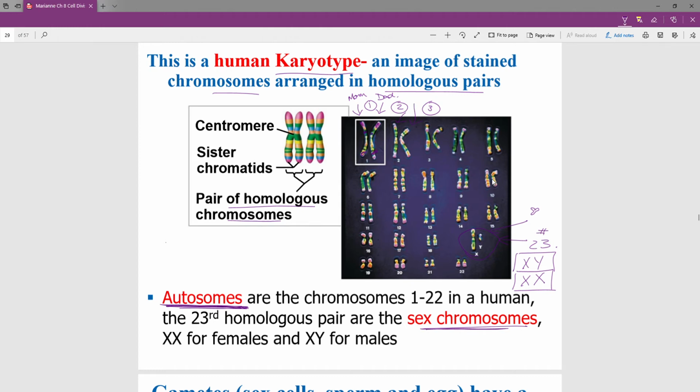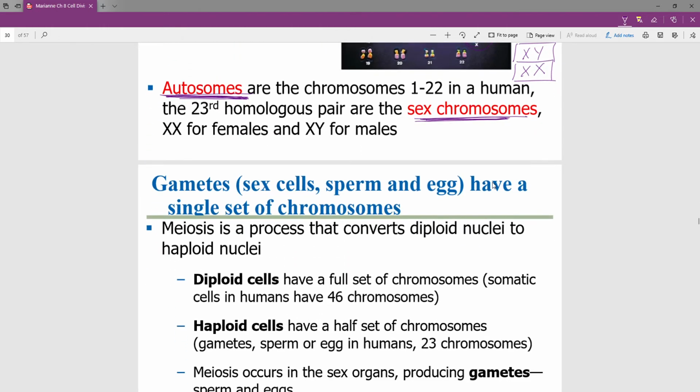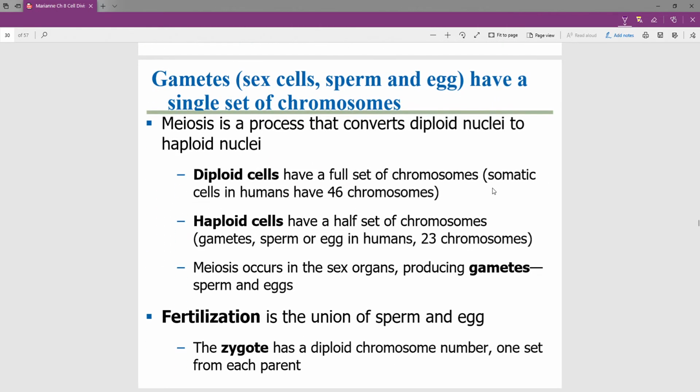We've got this idea that we have autosomes and sex chromosomes in our somatic cells. Contrary to somatic cells are gametes. And gametes are the sperm and the egg in humans. So they have only a single set of chromosomes.